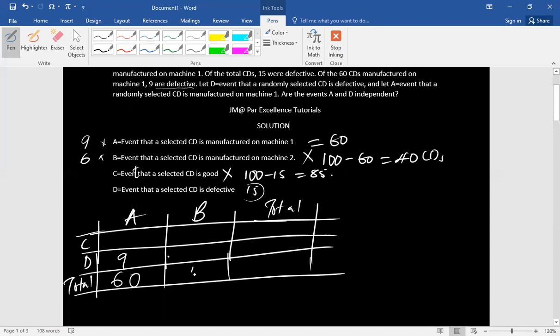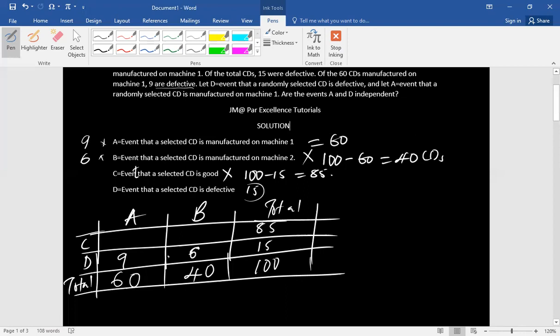Also, the total number of CDs for machine 2 is 40, and 60 plus 40 gives us 100. The total number of good CDs is 85. The total number of defective CDs is 15. To put what is here for B against D, that is 15 minus 9, giving us 6.